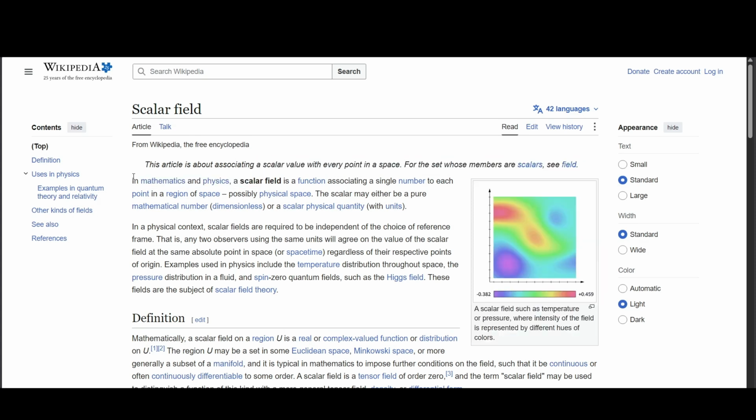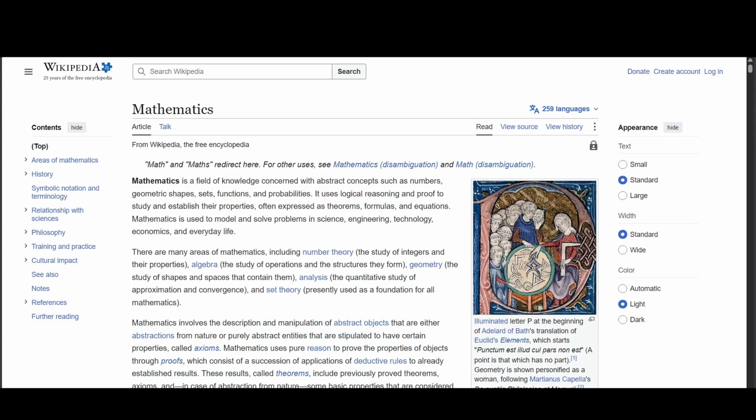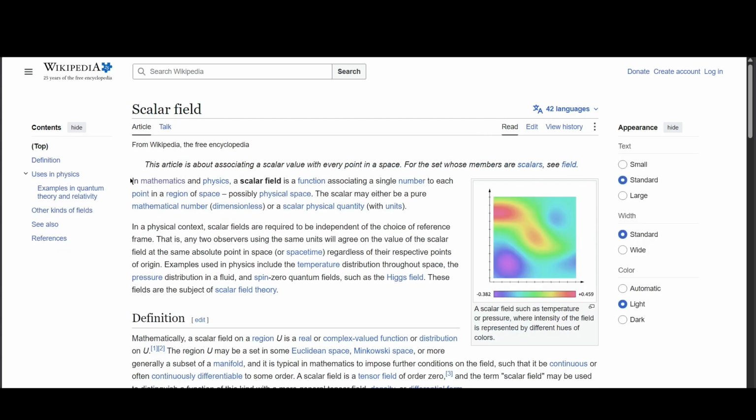Okay, so it says here, in mathematics and physics, a scalar field is a function associating a single number to each point in a region of space. So we're using a sort of Cartesian plane here.